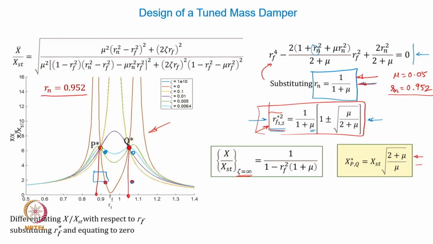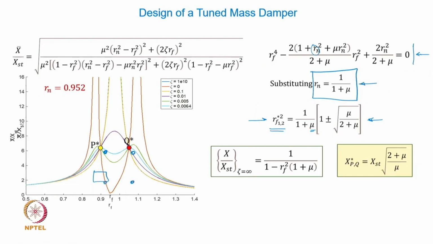And then if you are not tuning your damping ratio, okay, so if xp and xq are obtained using this expression, you cannot expect everything to be fine, because as you notice here, the graphs for different damping ratios, for example, this graph is for 0.01 damping ratio, that although has the same values at p and q, but will have a larger amplitude at some other frequency ratio. So that is definitely not a good damping ratio for appropriate tuning or appropriate design.